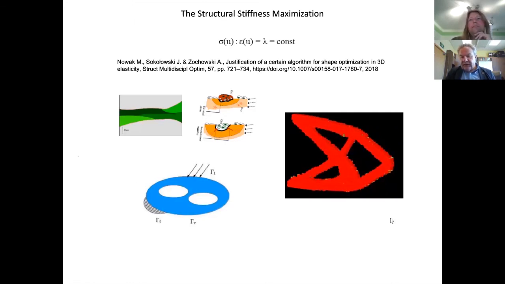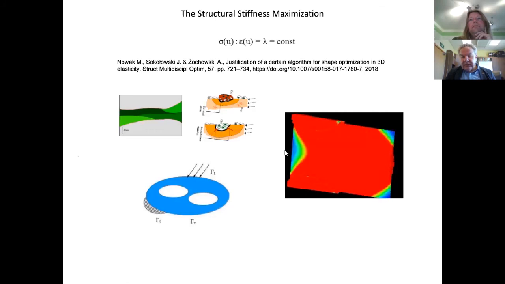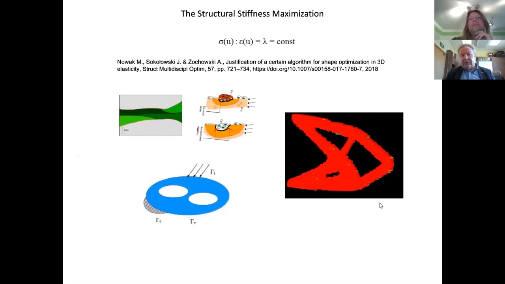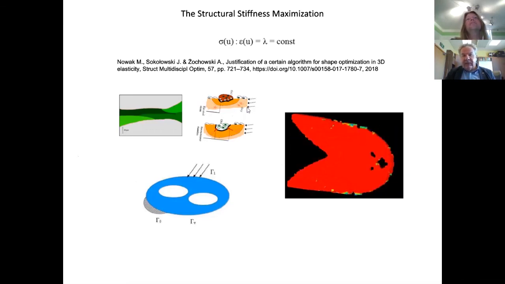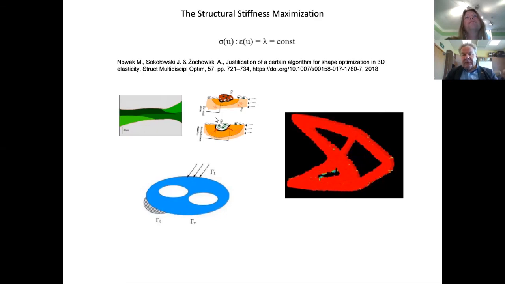So if you have one force, the reaction will be like this, of course. It also depends on the size of the BMU. So for bone, this is some natural regulation, yeah?